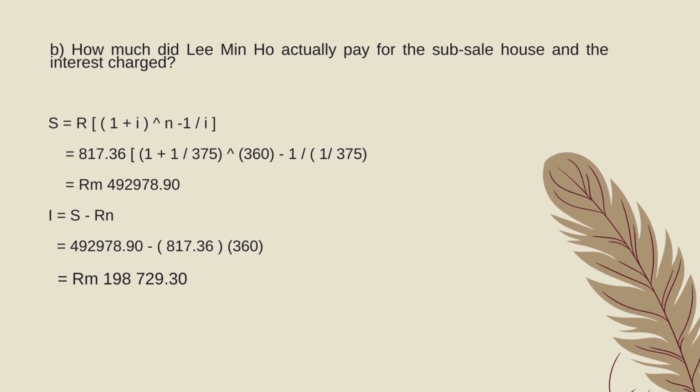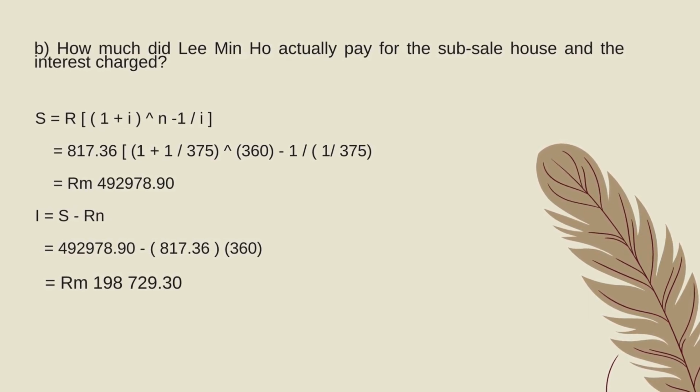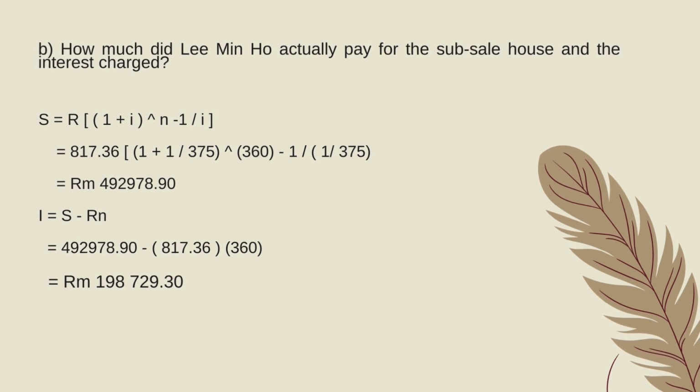For question 1b, the question asks to find how much Lee Min-ho actually paid for the sub-sale house with the interest rate and how much the interest charge is. First, we need to use the future value of annuity formula to get the first answer. Substitute all the information given into the formula and we will get the final answer, 492,978 ringgit 90 cents.